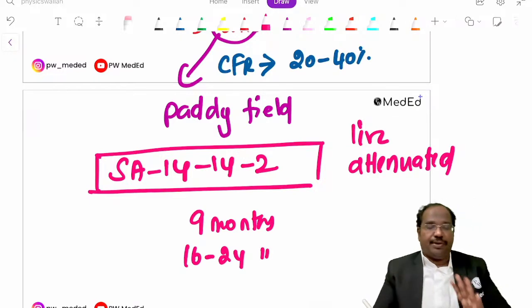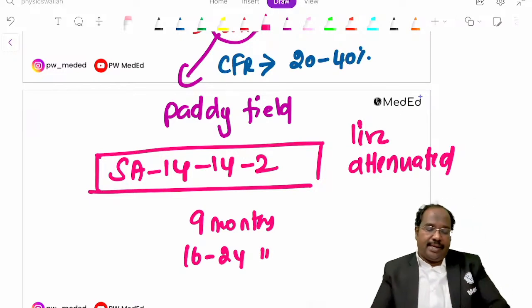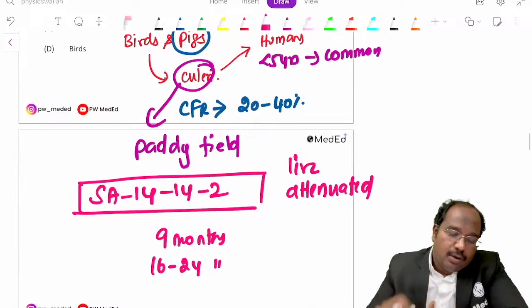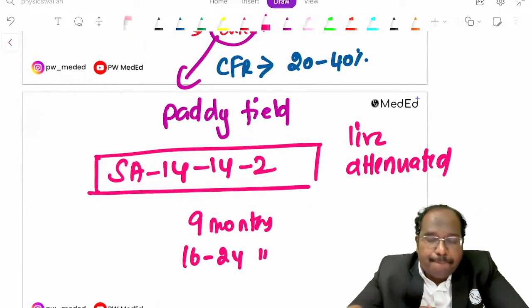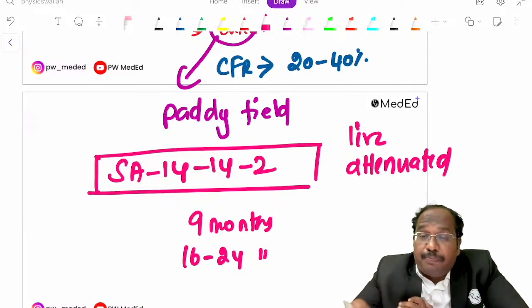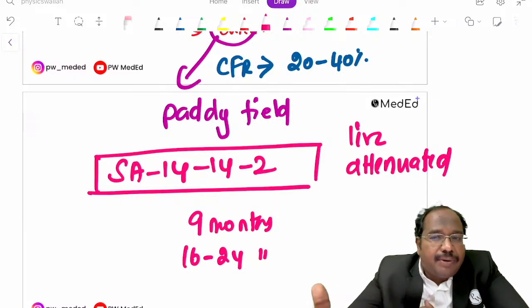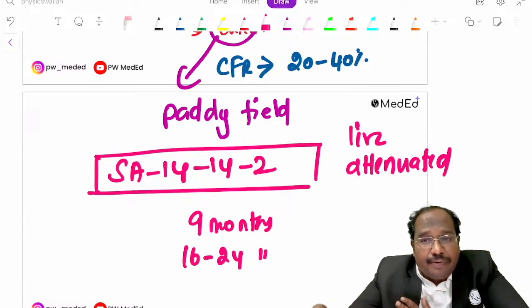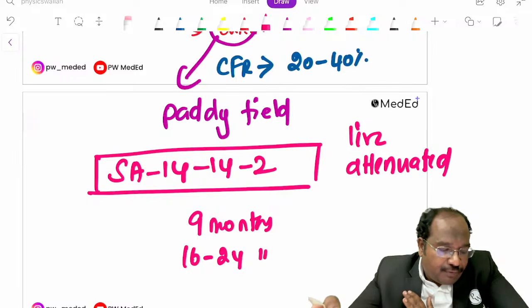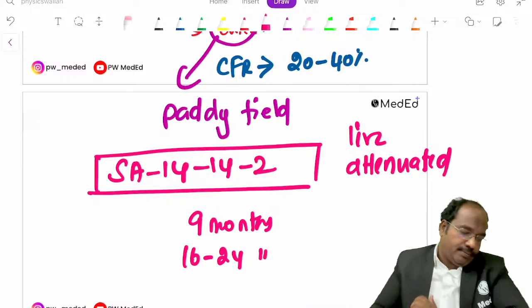Previously we used to give the Nakayama strain, but we don't give it now. What we are giving is SA-14-14-2.